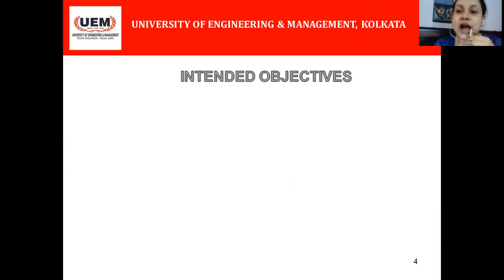So before I begin my actual lecture, let me tell you the points that I intend to cover through my lecture series. Firstly, I want to understand with you what is polarization of light or what is polarized light.